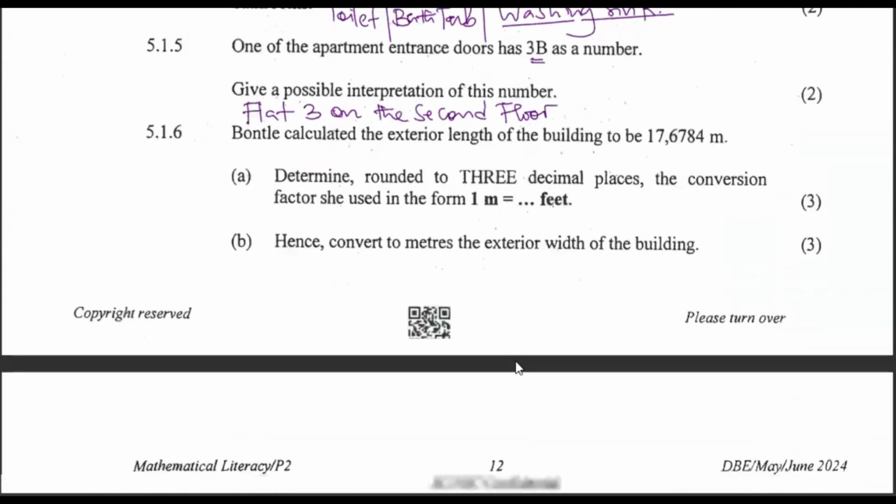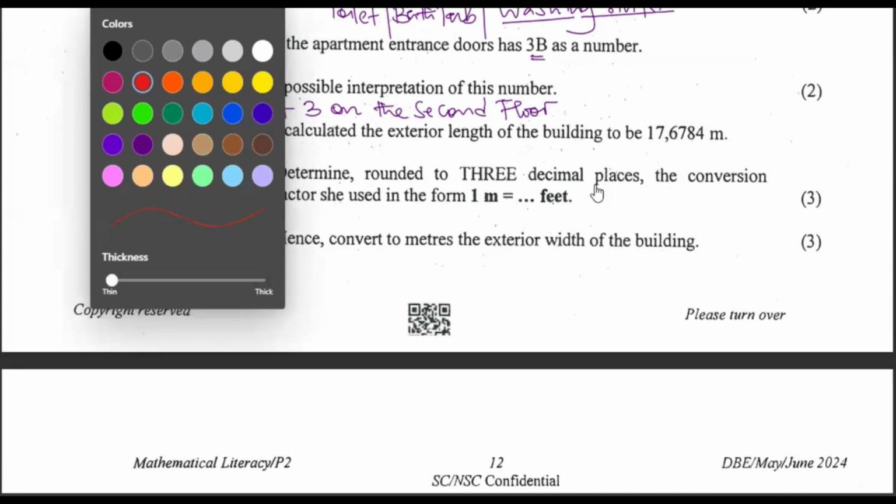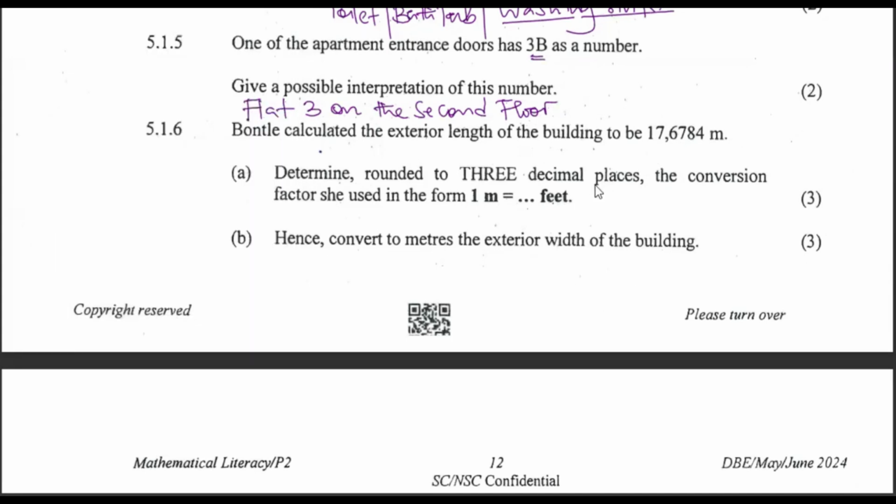All right, let's look at question number 5.1. Both calculated the exterior length of the building to be 17.678 meters. Determine, rounded off to 3 decimal places, the conversion factor she used in the form of 1 meter is to feet. Remember very well what they told us: the exterior length of the building initially.